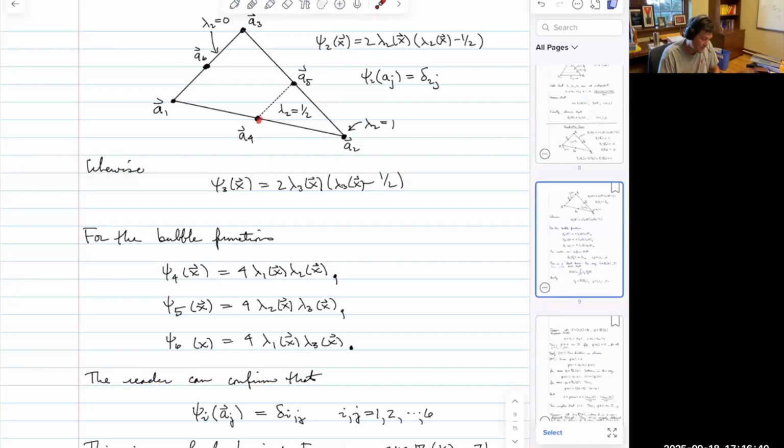Well, psi 4 is exactly equal to lambda 2 equals 1/2 and lambda 1 equals 1/2. Okay, that's how I can describe it, right? Lambda 1 equals 0, lambda 1 equals a half, and lambda 1 equals 1. So A4 is lambda 1 equals a half, and lambda 2 equals a half.